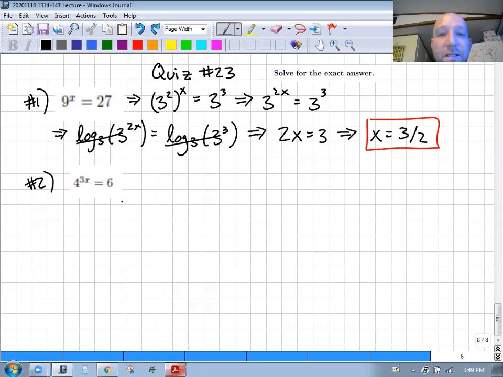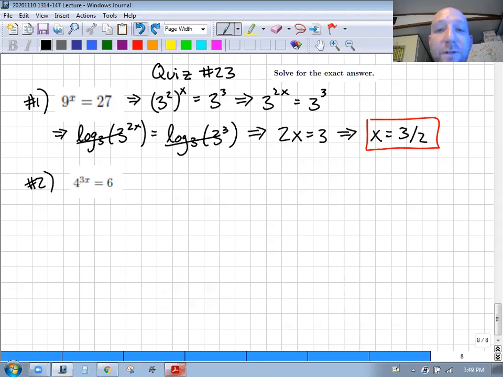All right, let's look at this guy here. See, 6 is not a power of 2. How can we get this 3x out of the exponent? The other trick we learned, sure, we could take log base 4 of both sides, and that would get rid of this, right?